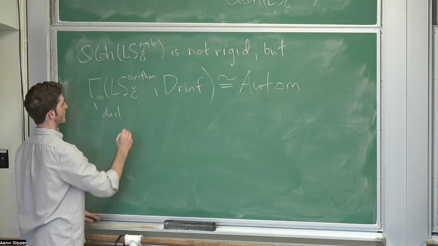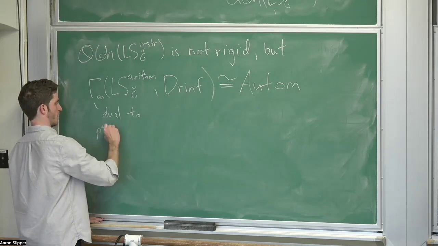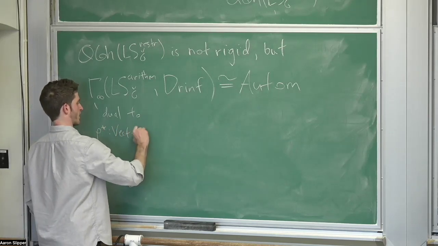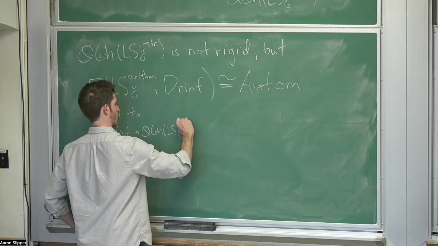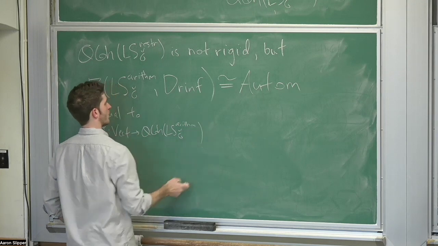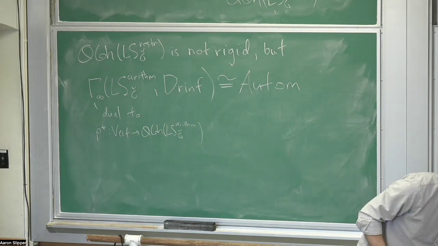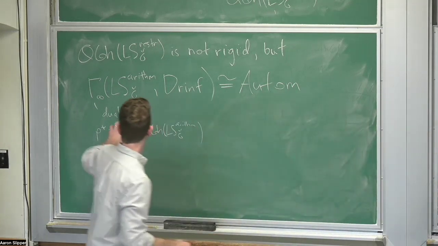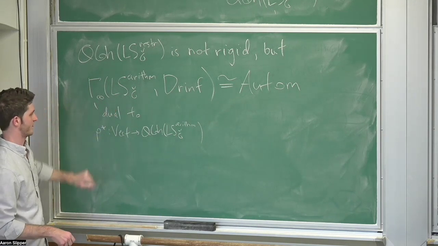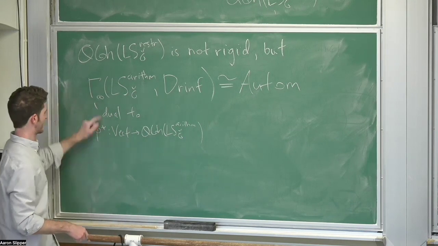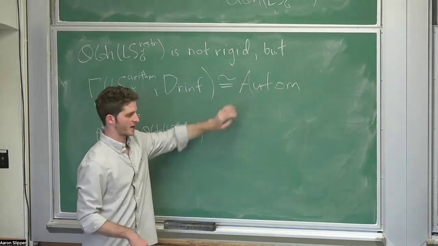Well, let me just say this functor is equal to the pullback functor from a point to quasi-coherent sheaves, which turns out to be not quite the same thing as just regular global sections, but okay. So it's some tweaked version of global sections of this object Drinf produces automorphic forms.